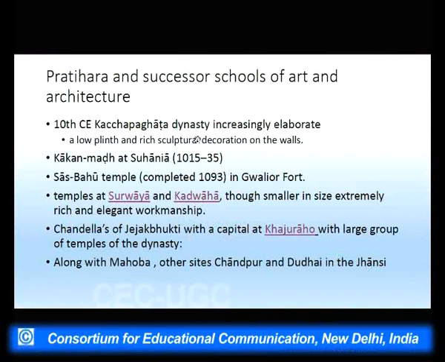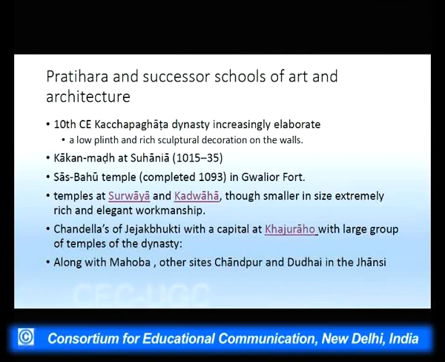Going forward from the Pratiharas, there were numerous feudatories who became independent. First, they worked as feudatories, and later they started becoming more and more independent from their main dynasty, which was the Pratiharas.